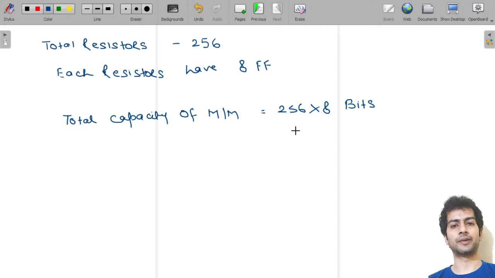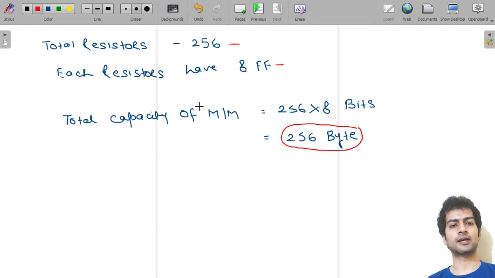We know 8 bits is equal to 1 byte. So we can write it as 256 bytes. That is the total memory. Total capacity of a memory is 256 bytes if we are having total registers as 256 and each register is having 8 flip-flops.